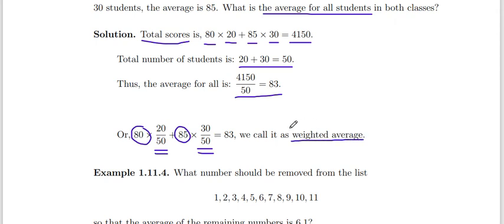Okay, so this weighted average is a very, very useful notion, because the numbers contribute differently, right?